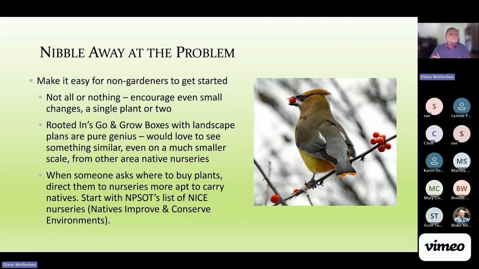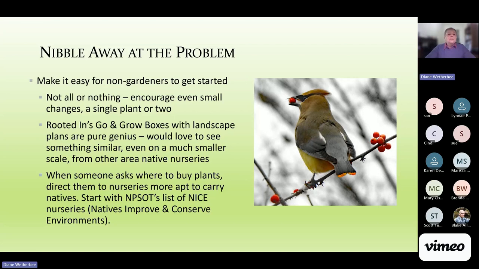Rooted In, I'm not shilling for Rooted In, but they do something that I just consider ingenious. And that's their Go and Grow boxes. They're actually taking orders for them right now. It's a box of 24 3-inch native plants or native cultivar plants that comes along with a professional landscape plan for either a triangular, circular, or horizontal bed.